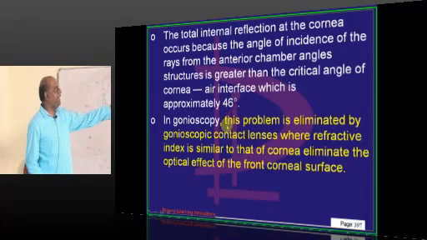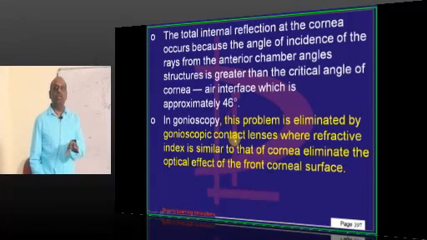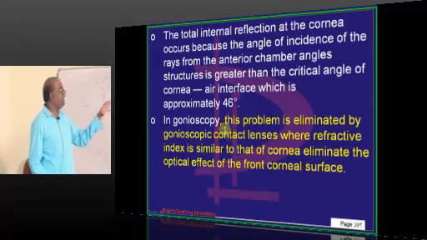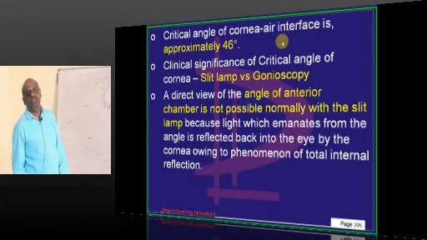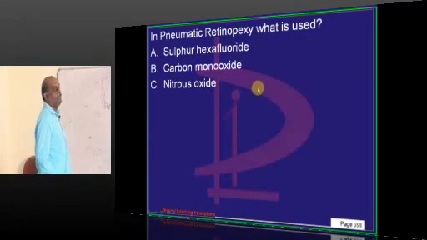Whereas in gonioscopy this problem gets eliminated. So why you can't visualize the angle of the anterior chamber on slit lamp is because of the cornea air interface, the critical angle being 46 degrees, is what you need to remember.